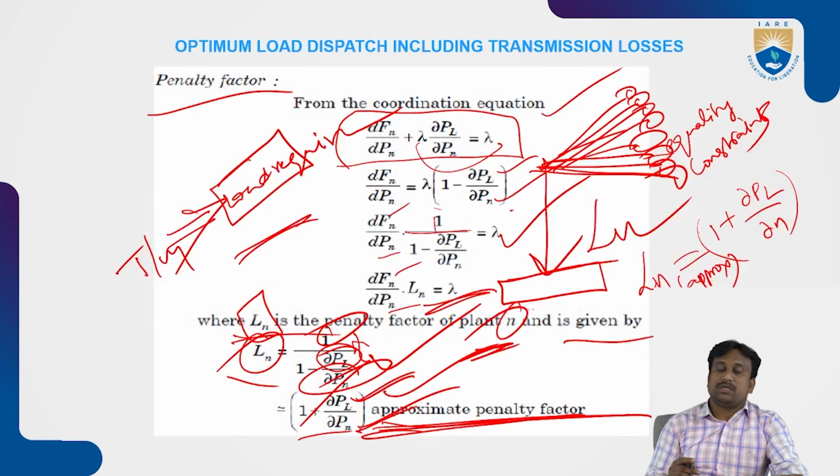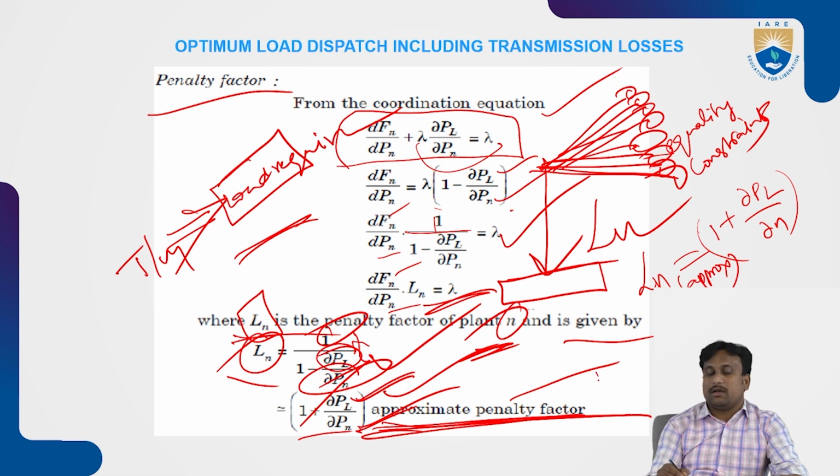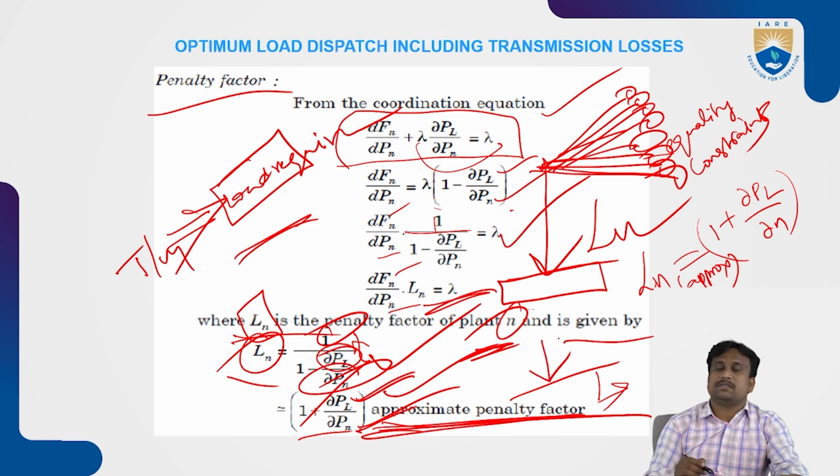This procedure will help in determining the best optimal load dispatch including the transmission losses. When transmission losses are more, then the penalty factor also increases. So we have to cross check how the penalty factor varies based on the transmission loss coefficient. These are the considerations we must assume.